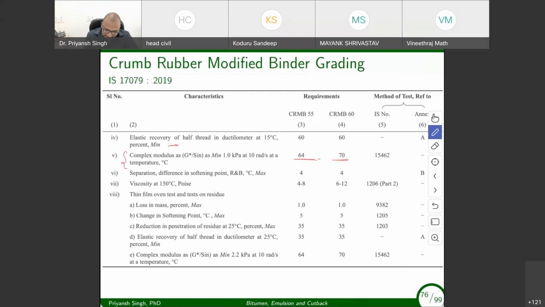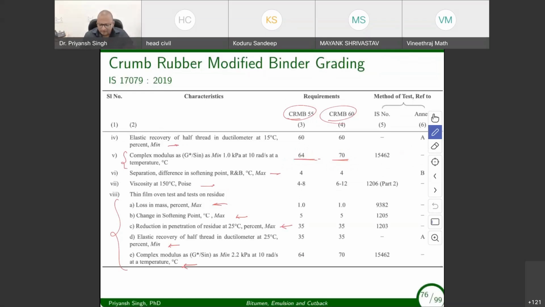Then all conventional tests, separation, viscosity, then tests on the thin film oven residue: the same tests, loss in mass, change in softening point, reduction in penetration, elastic recovery, and again the complex modulus, G star by sine delta. So these are all the tests we require to grade our binder as CRMB 55 or CRMB 60. These are two different grades of CRMB, and we have two different grades of natural rubber modified binder.